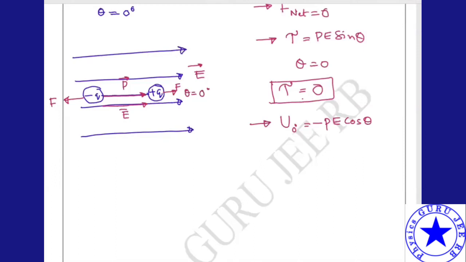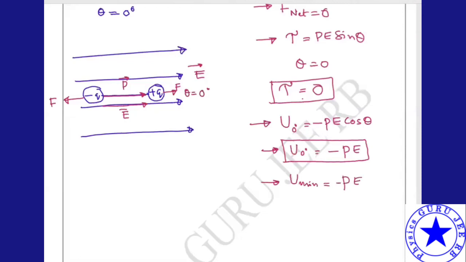Theta is 0. So U of 0 degrees is equal to minus P into E. Hope it is clear. Minus P into E means this is the minimum potential energy.